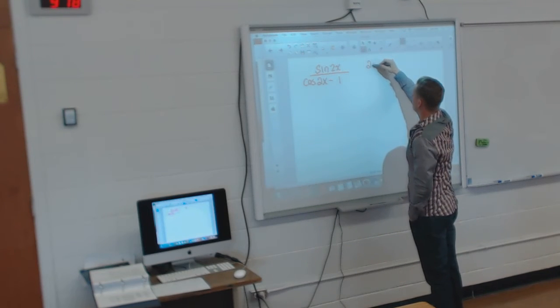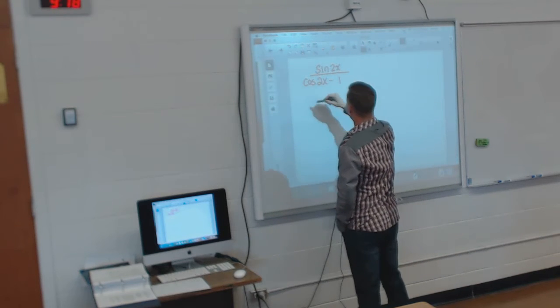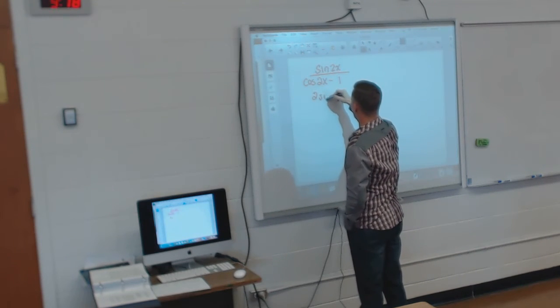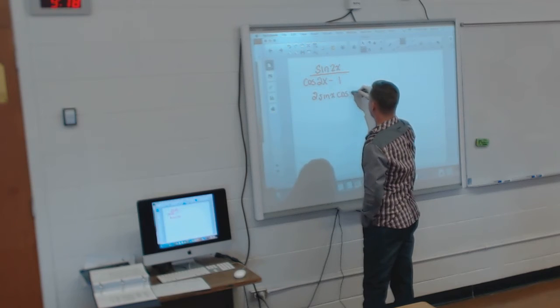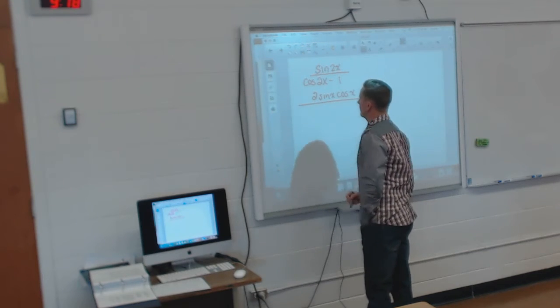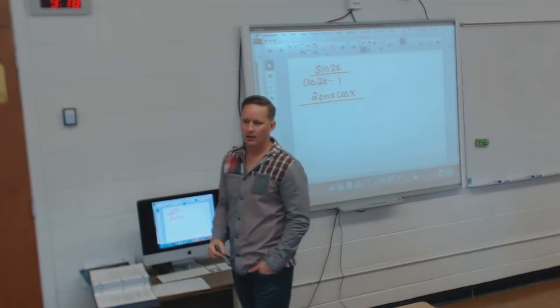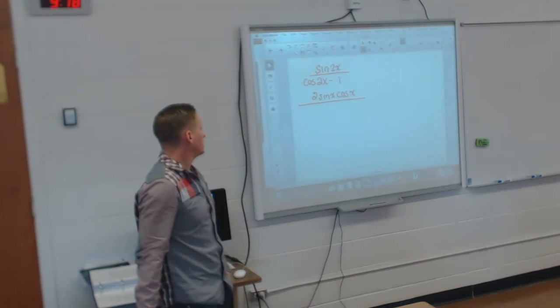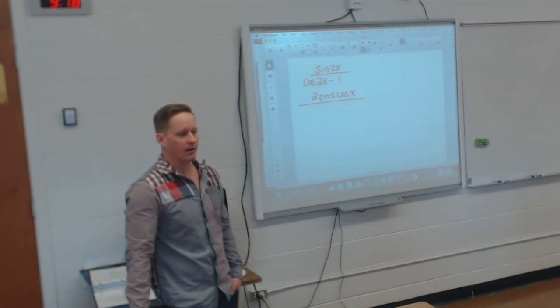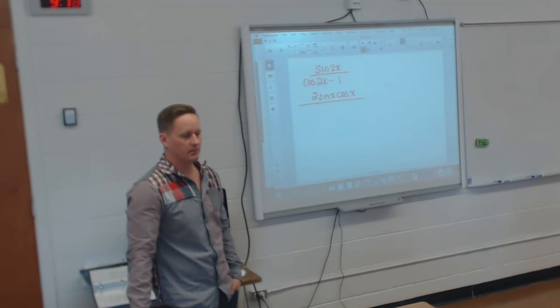So in this one, I've got 2 sine x. Well, I'm going to do this the same way I always do it. 2 sine x cos x. Okay. What about cos 2x subtract 1? That's just equal to those two.